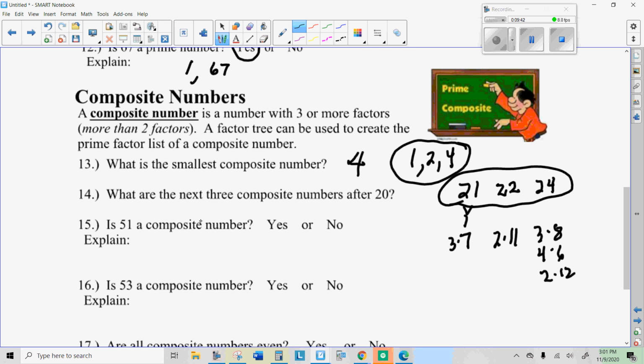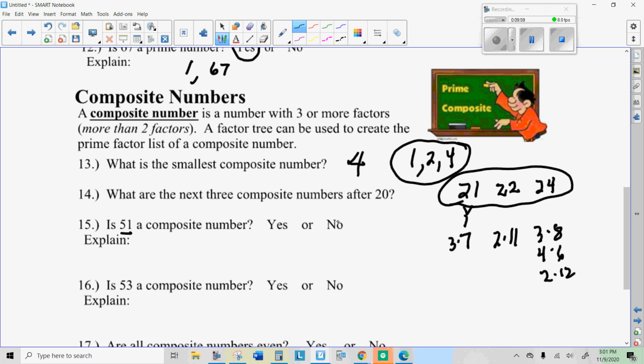Is 51 a composite number? I know the answer to this, but I'd like you to just think, see if you can think of a number that might go in. And since it's not an even number, don't try any even numbers. Just try some odd numbers.